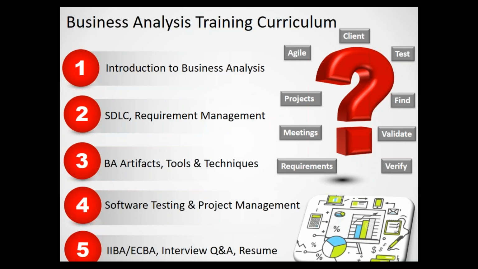Software testing: we will be covering manual testing, mainly black box testing, that is to test the functionality of the system. But I will give you an explanation of what automation testing means and what the various tools available to perform automation testing are. But as a business analyst, they wouldn't expect you to work on automation testing because that is done programmatically.